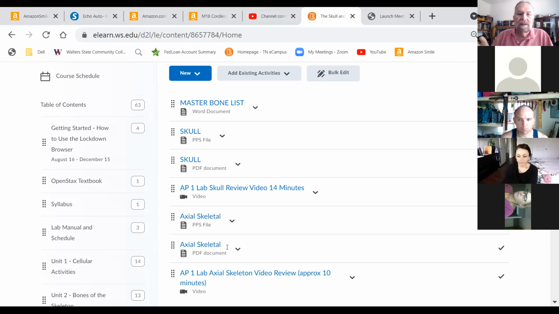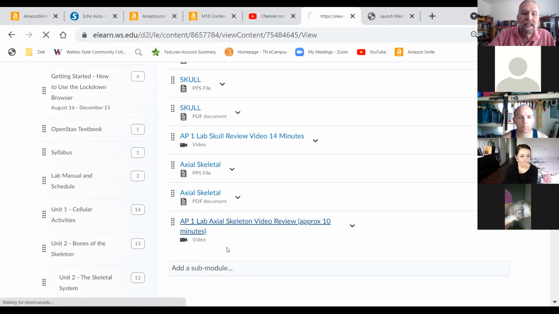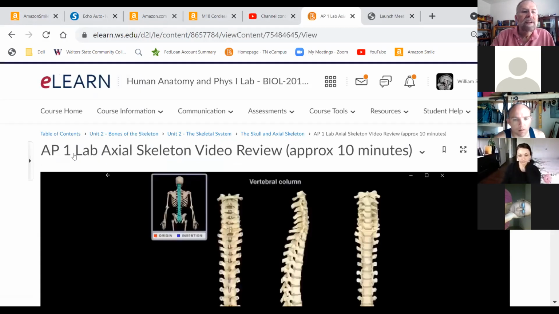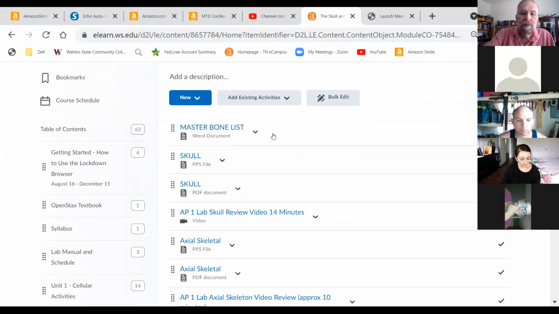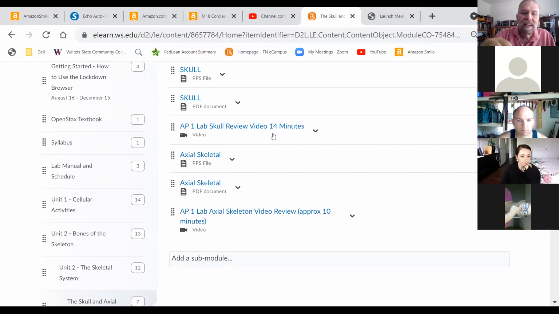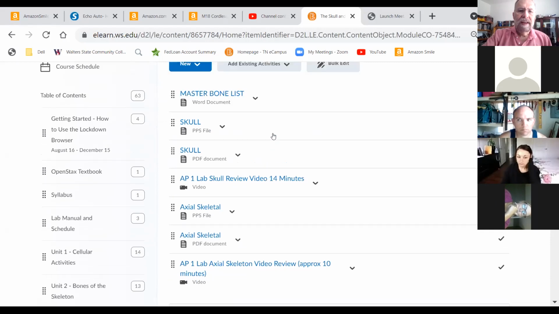And then the last category is the appendicular skeleton, all the appendages, the arms and legs, fingers and toes, hands and feet. There's a review here on this. There's also a 10-minute video on the axial skeleton you can watch too.